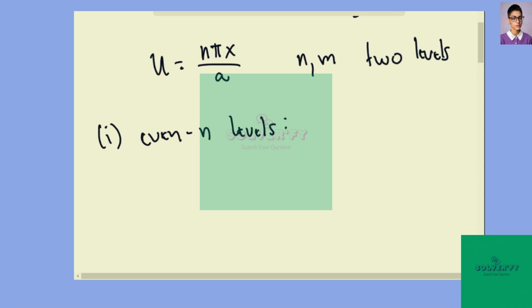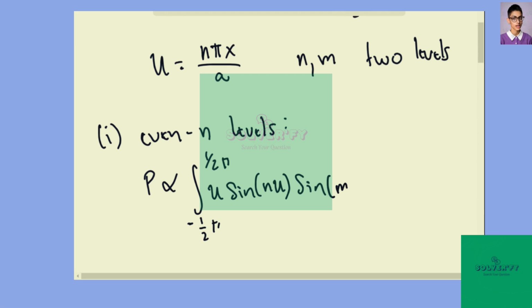So in that case, the probability is proportional to the integral from -1 divided by 2 times pi to 1 divided by 2 times pi of u times the sine of n times u times the sine of m times u integrated over u.